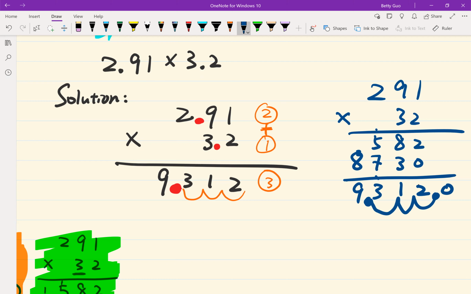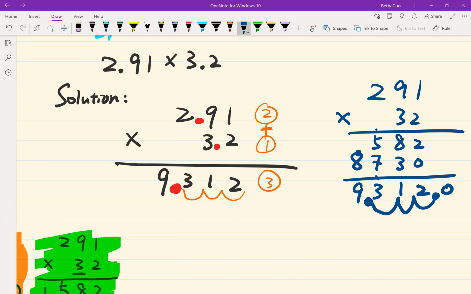Second thing we do is ignore the decimal point and multiply the two numbers as usual. In our case, after we multiply 291 by 32, we got 9,312. That's the second thing. The third thing, we're going to place the decimal point. There are different ways to know where to put the decimal separator.